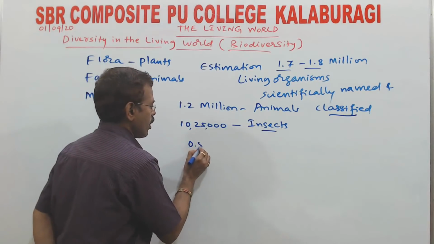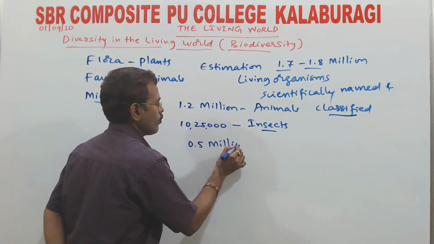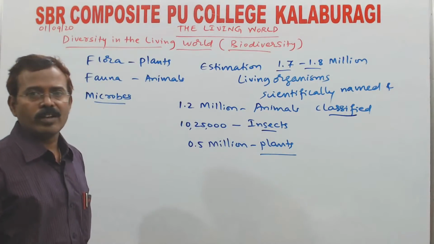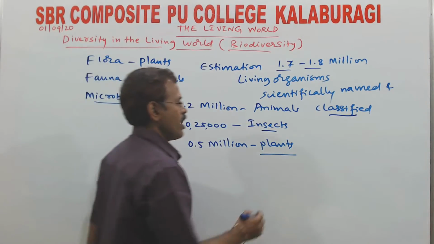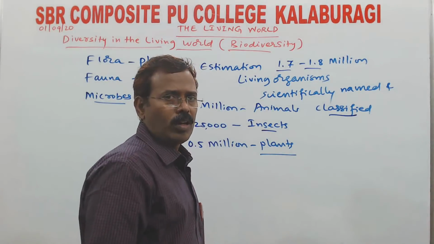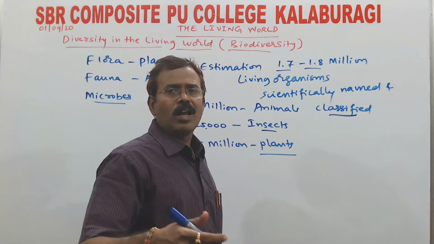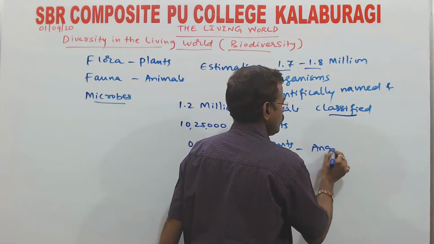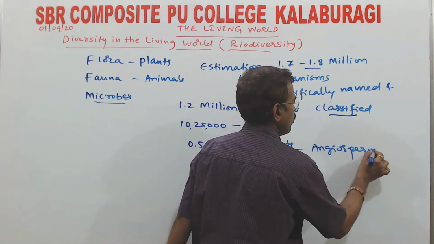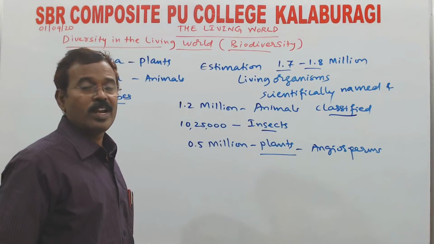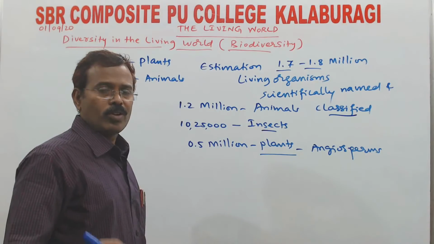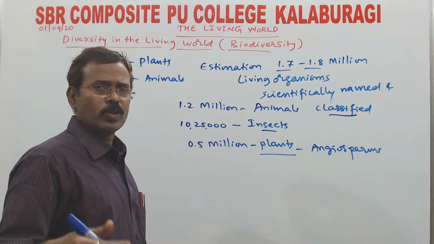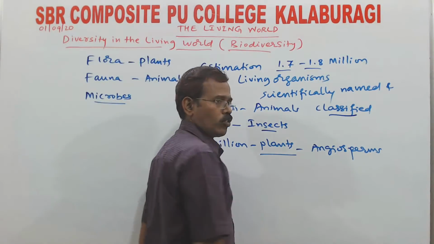Then 500,000 plants are there. In these plants you have a variety, right from algae to the angiosperms. Angiosperms are an advanced group of plants, highly evolved plants. So you have bryophytes, pteridophytes, then gymnosperms and angiosperms.